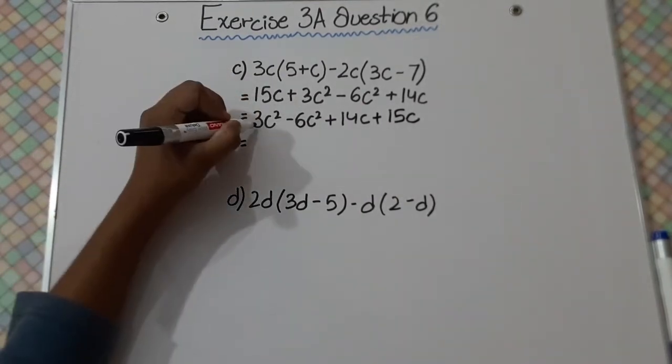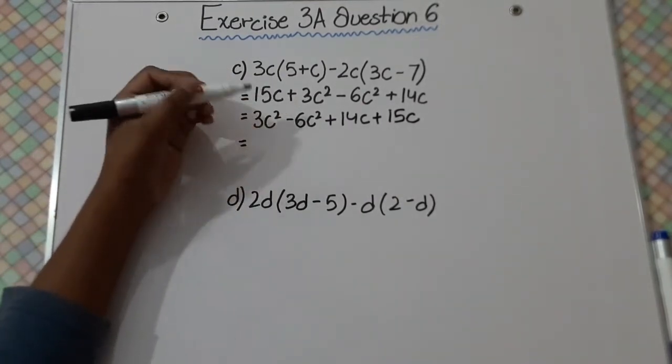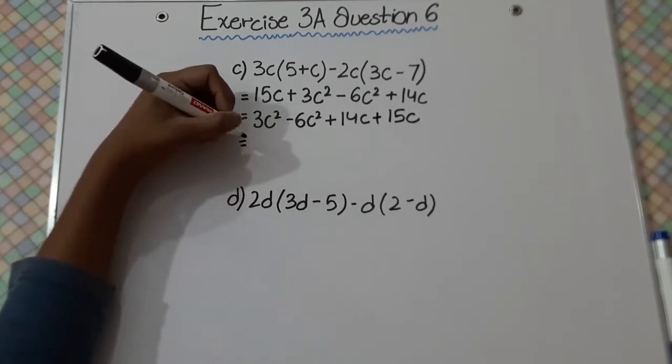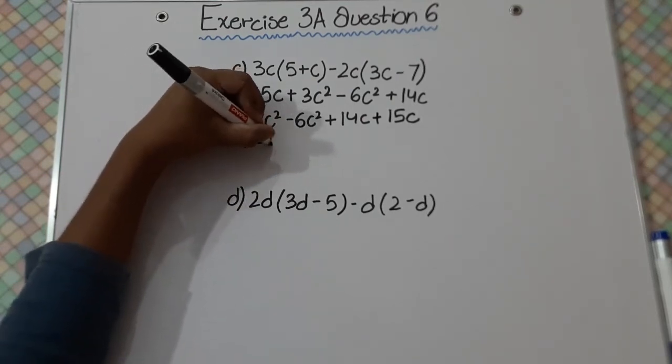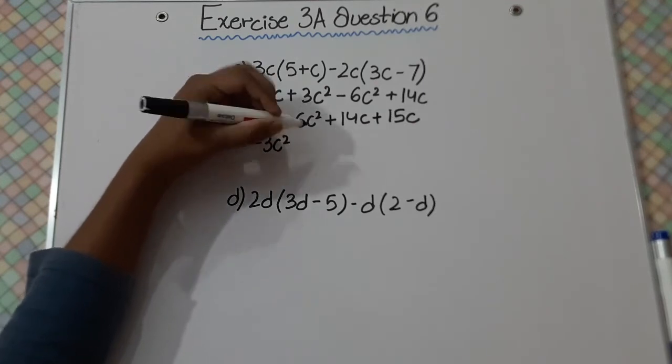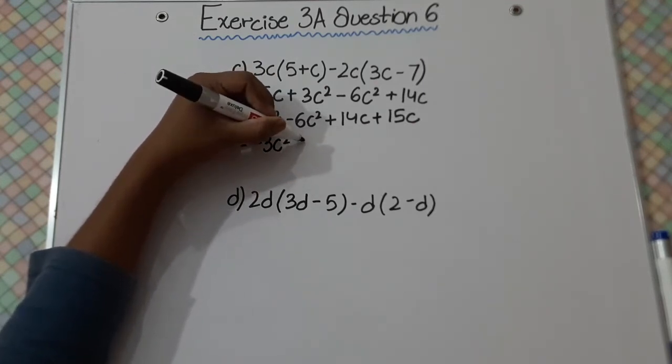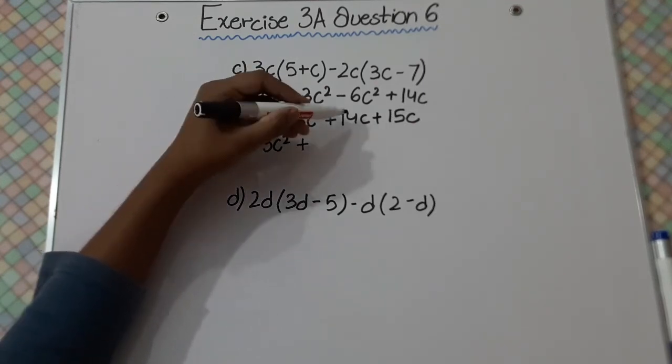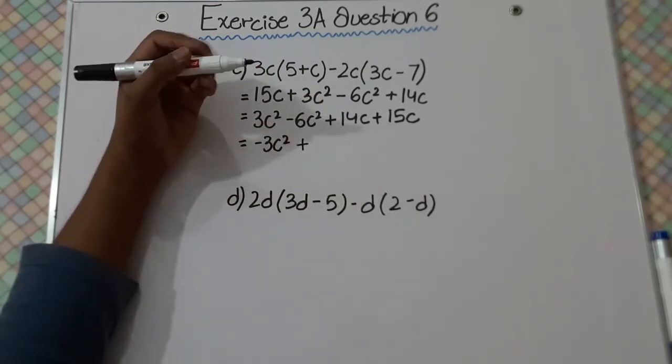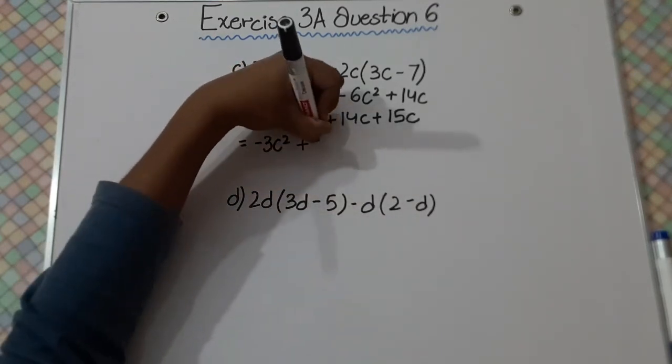Then 3c square minus 6c square, the answer would be negative, would be minus 3c square. Then the sign would be plus, 14c plus 15c would be 29c.